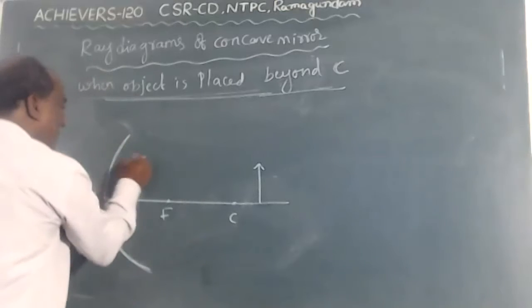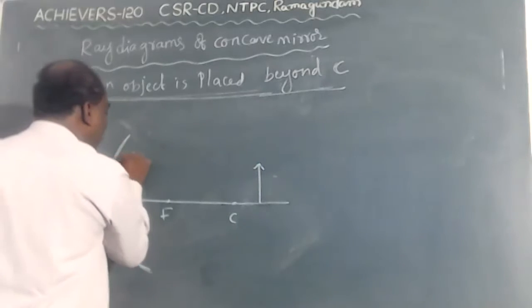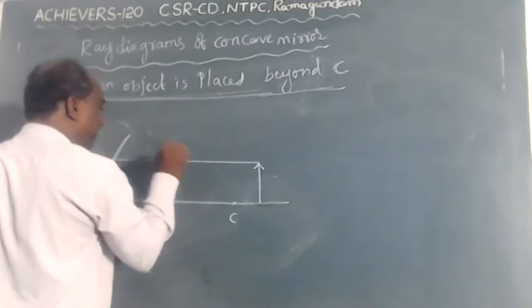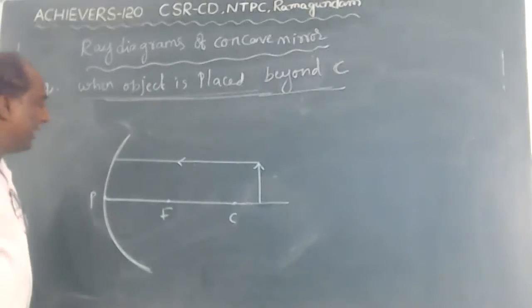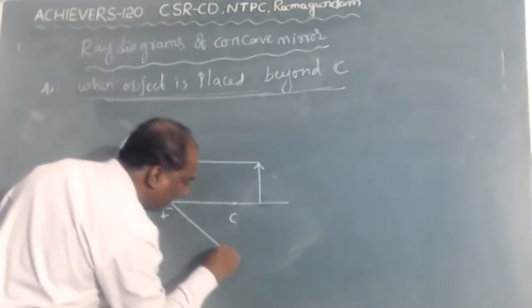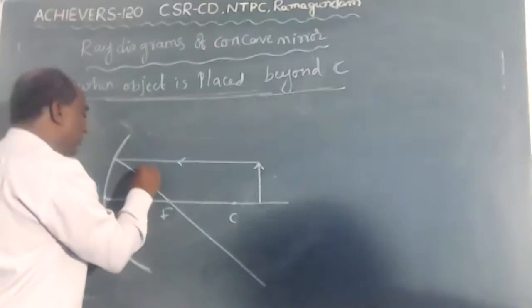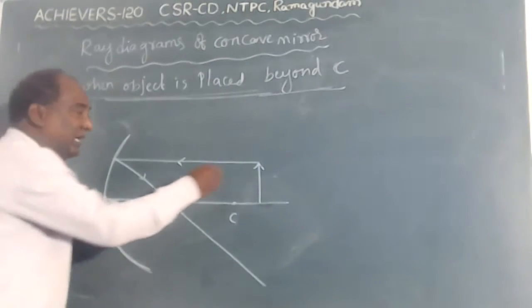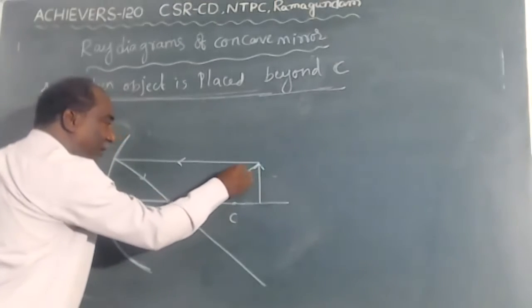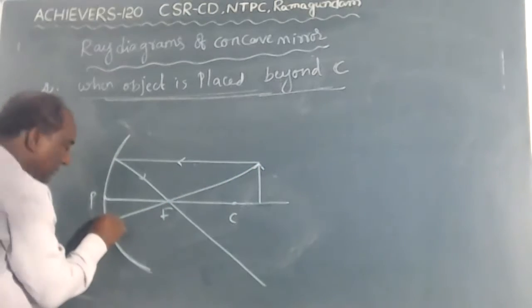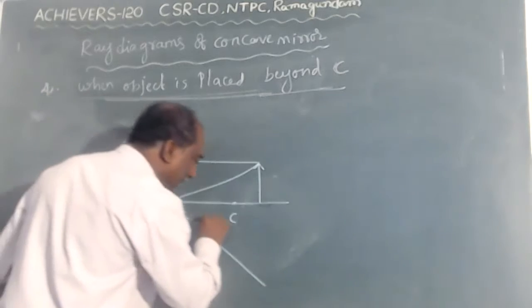Let me draw the ray diagram. The incident ray comes from the object, a parallel ray. Now the reflected ray passes through the focus, and one more incident ray comes from the object and passes through the focus, and the reflected ray is drawn.